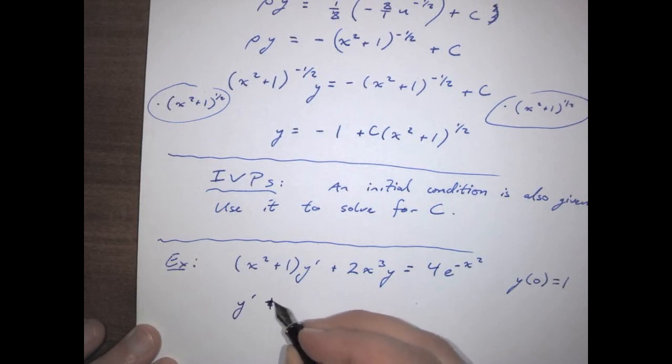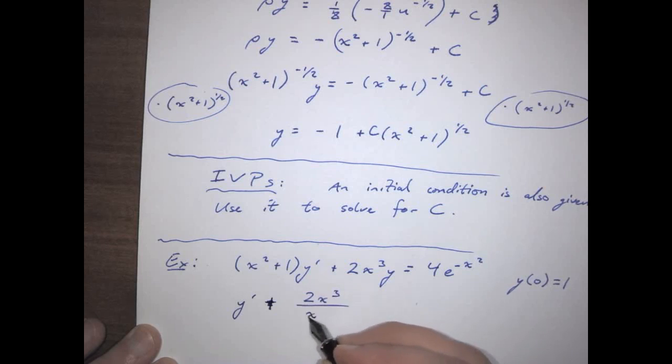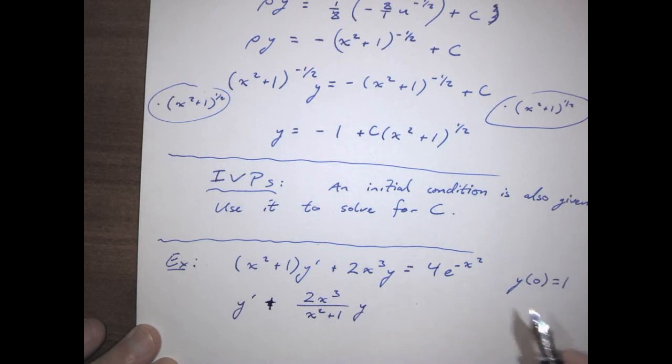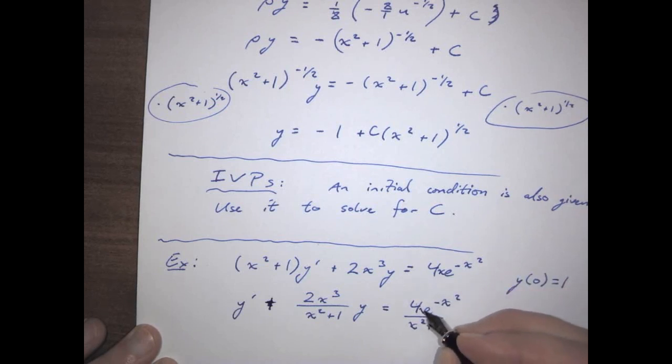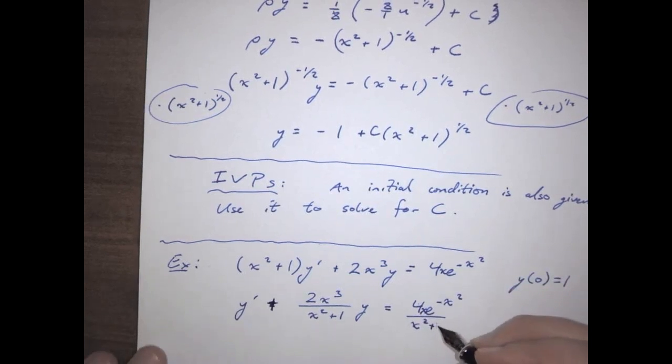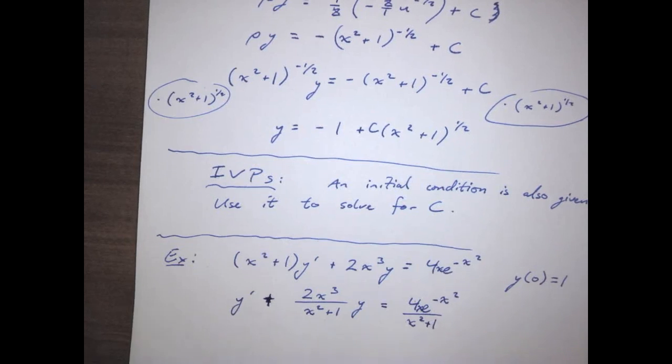Y prime plus 2x cubed over x squared plus 1 y is equal to 4e to the negative x squared divided by x squared plus 1. Sorry, there was a typo in this from the very beginning, so it's 4x. Well, we almost got ourselves in over our heads on that one, so luckily we caught that before it was too late. Otherwise we were going to perhaps be in trouble.